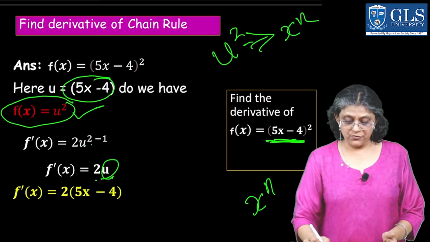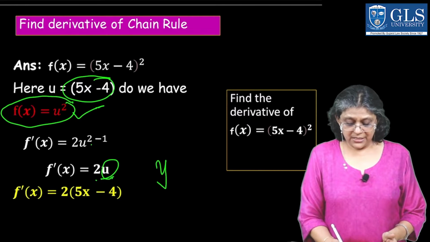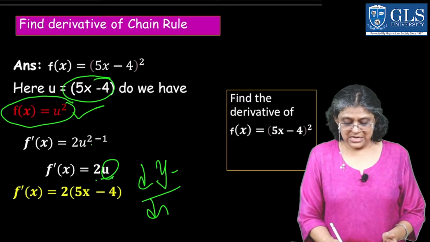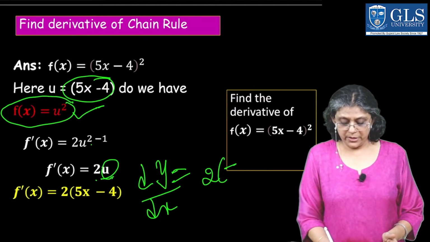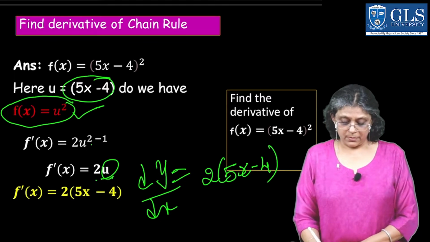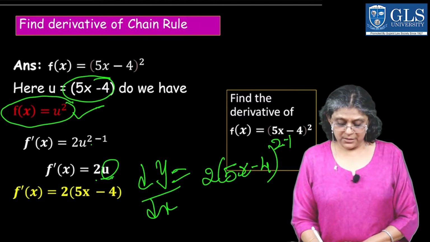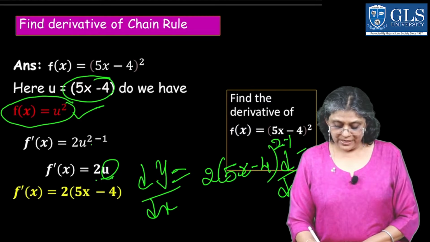At times we even write this formula in terms of dy by dx, assuming this, that is 2 into (5x minus 4) raised to 2 minus 1, and d by dx of u, that is 5x minus 4.